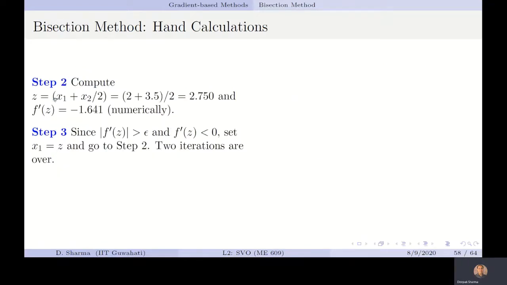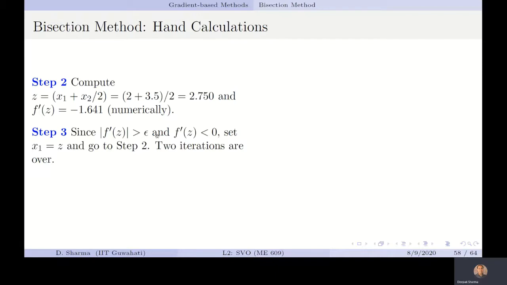Thereafter, we calculate again the middle point with the updated value of x2. x1 remains the same, and (x1 plus x2) divided by 2, we get 2.75. And the derivative at this z is minus 1.64, so it is calculated numerically. Again, we will check the termination condition. Since it is greater than epsilon, we will go ahead.